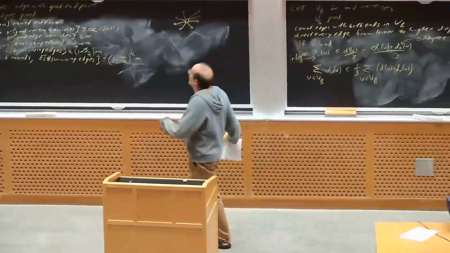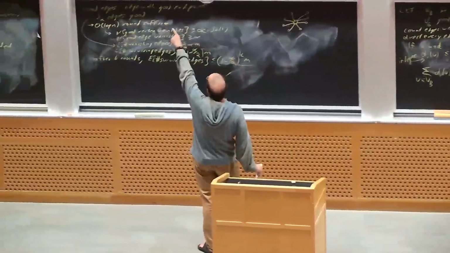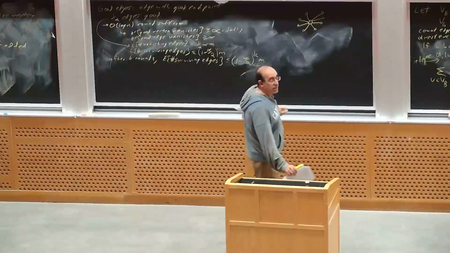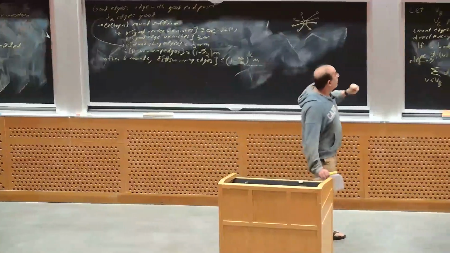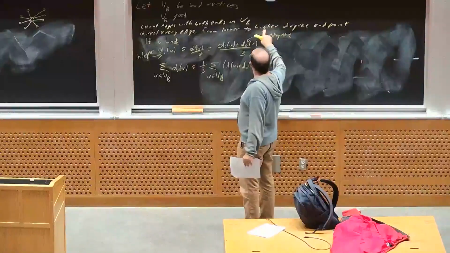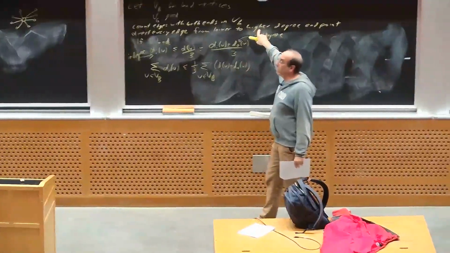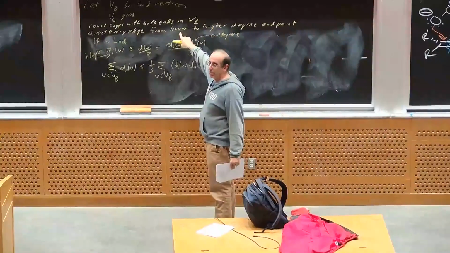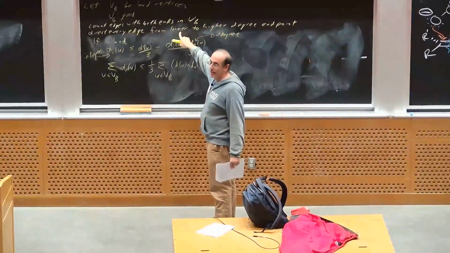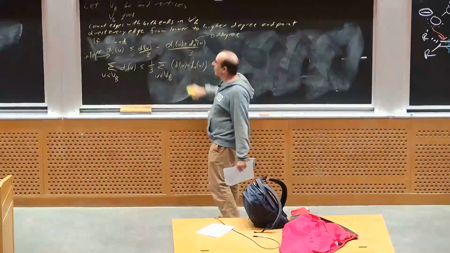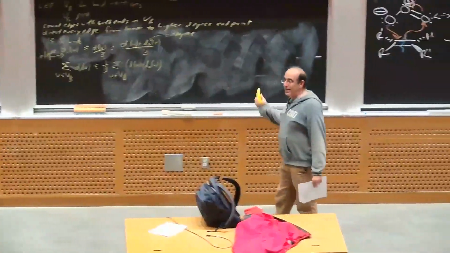Yes. So again, the definition of a good vertex is at least 1/3 of its neighbors have degree smaller than itself. Now, how did we direct the edges? We directed from lower to higher. So a good vertex is one where at least 1/3 of the neighbors have degrees smaller than me. So that means that the edges are going to be directed towards me. Right? And bad is the other way around.